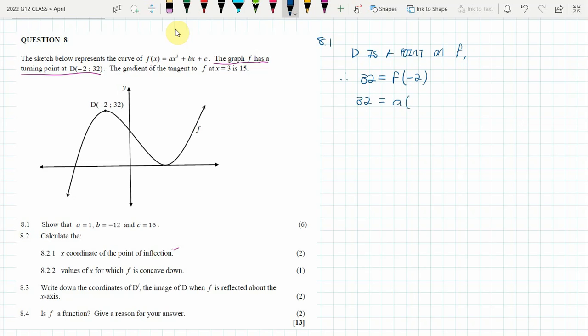So we have a into minus 2 to the power 3 plus b into minus 2 plus c. Now let's simplify this equation. If we were to simplify it, what would it simplify to?